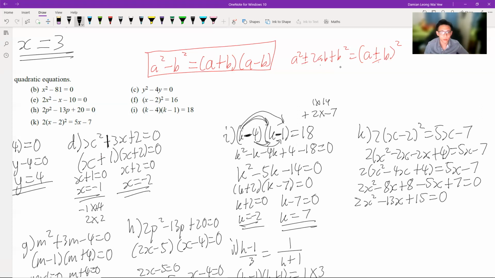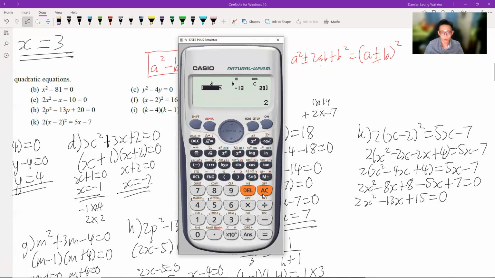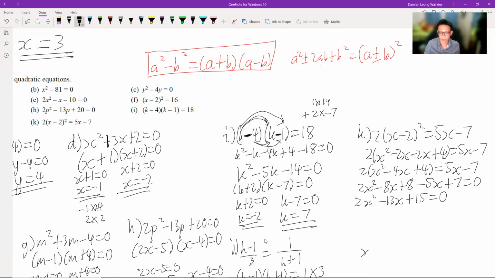Then you factorize. Again, let's try to use the calculator. Just key in the a, b and c: 2, negative 13, and 15. I get 5 and 3 over 2. So x equals 3 over 2, x equals 5.